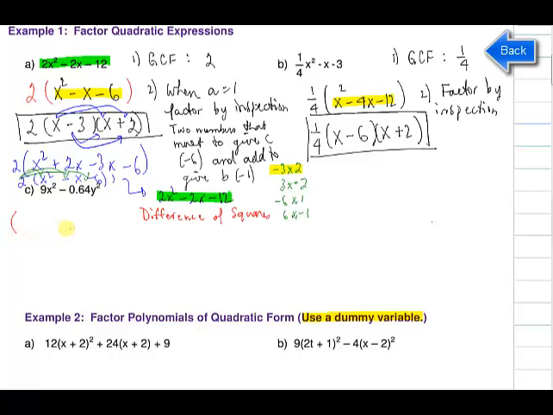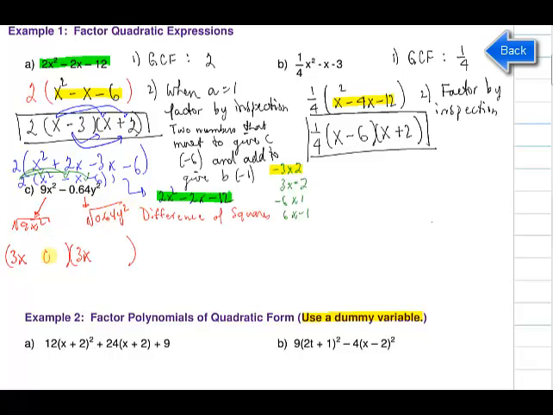So how do you factor them? All right, well, leave yourself a little bit of room here. The way to factor it is you want to square root your first term, so you want to square root the 9x squared, and the square root of 9x squared is 3x, and you want to put that at the front of each bracket. And then you want to square root your 0.64y squared.